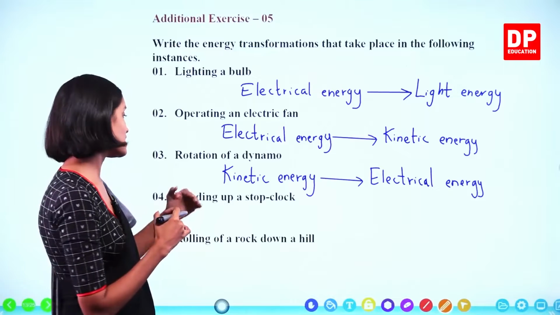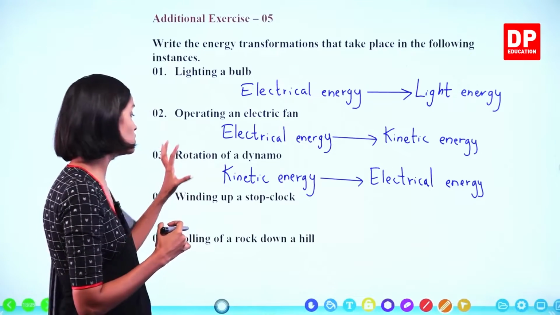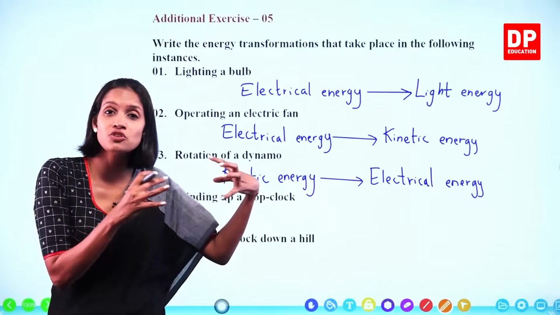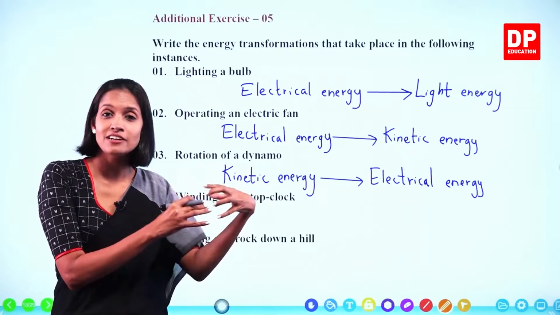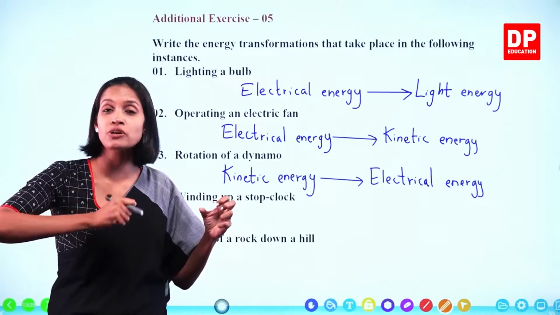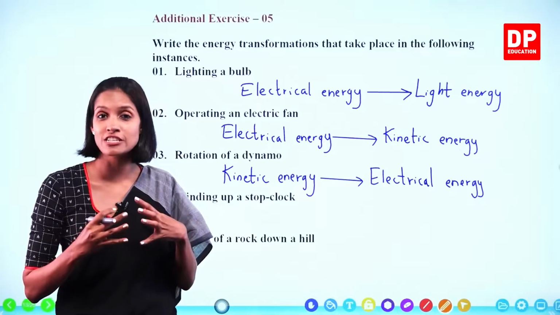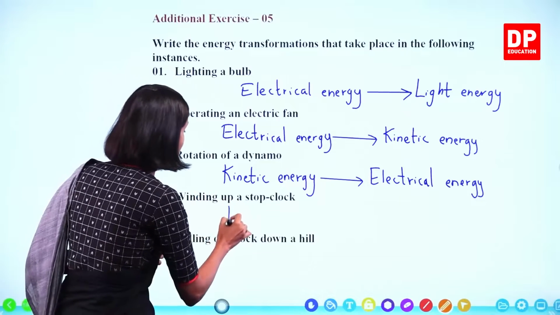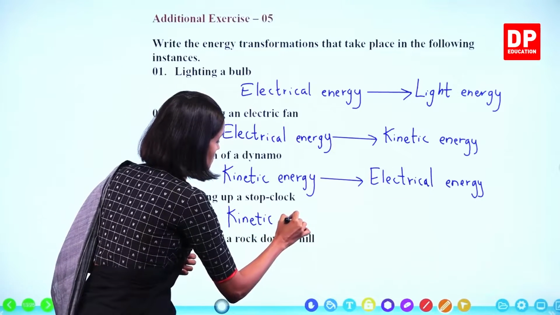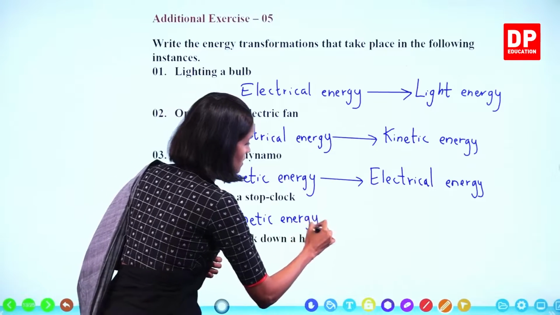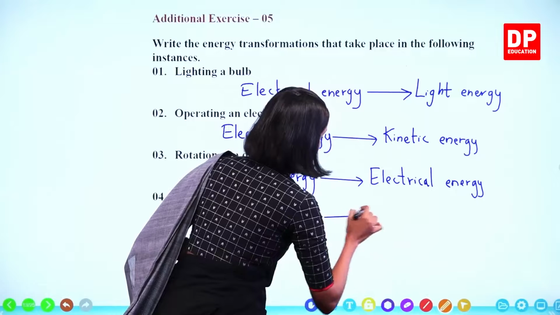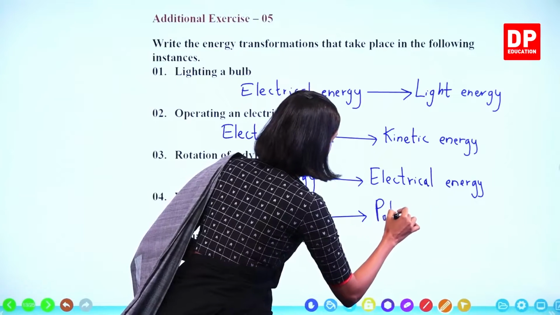Using the kinetic energy, when you wind up a spring of the stop clock, it stores potential energy. Rotating means moving. Kinetic energy, right? So kinetic energy is converted to potential energy.